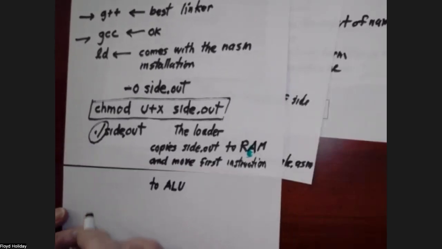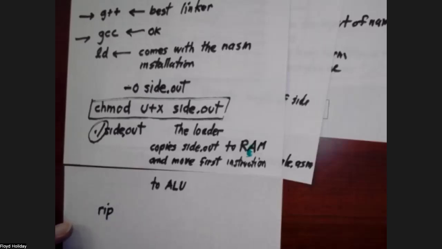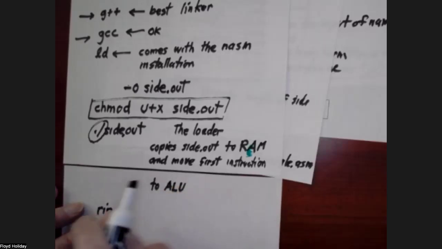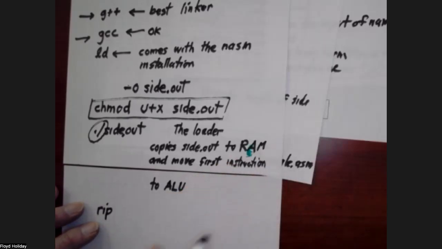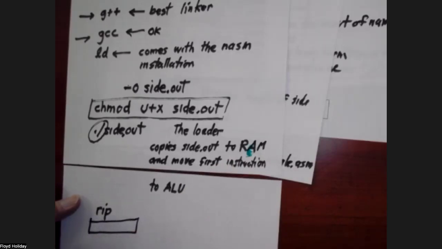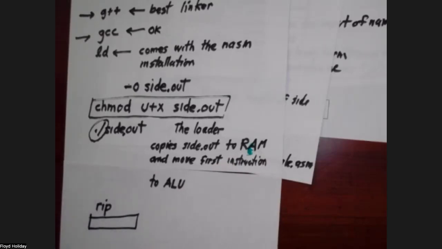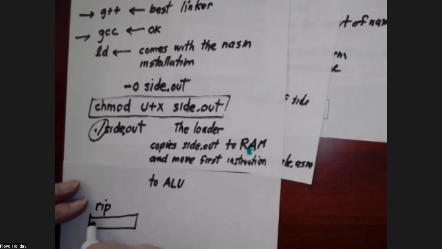There's a register named RIP. The loader is going to put into RIP the address of the first instruction to execute. And that kicks off execution. An address in a 64-bit computer is a 64-bit integer. So this thing usually looks ugly.